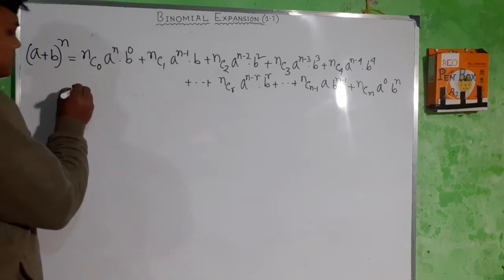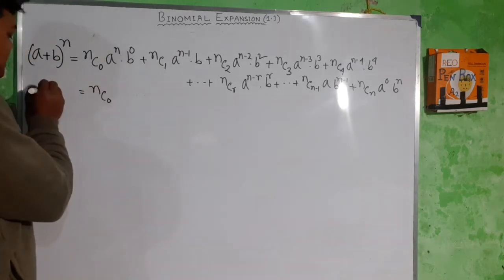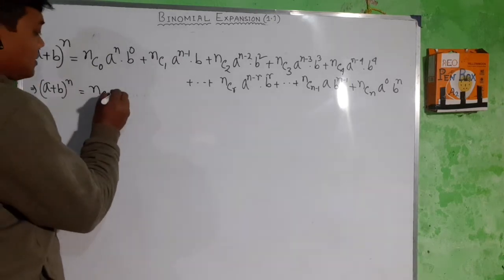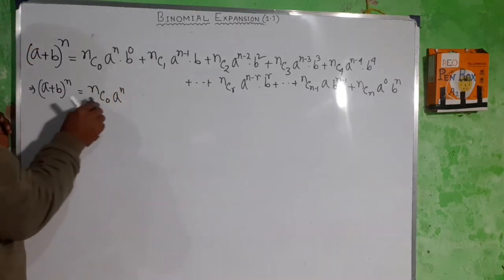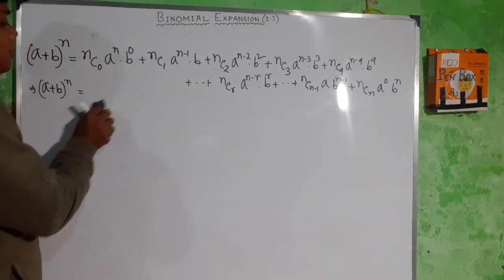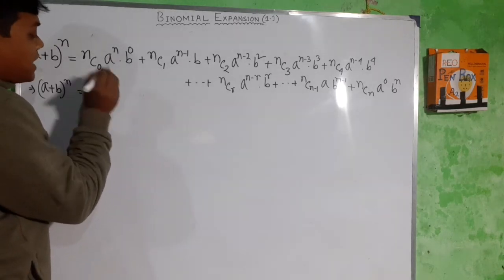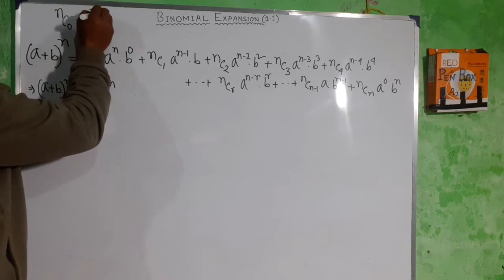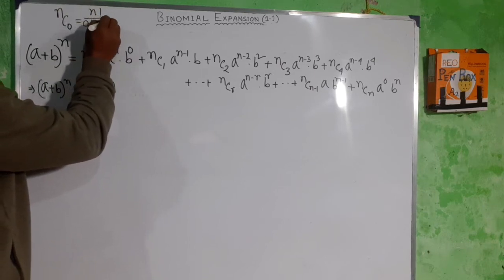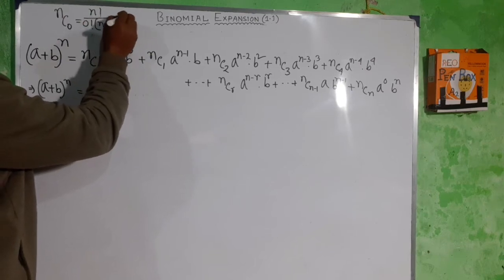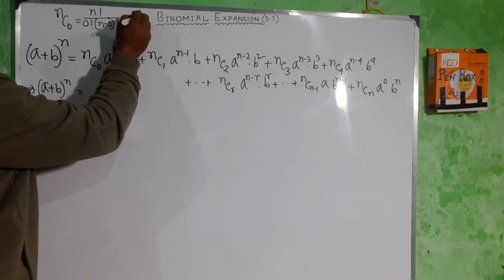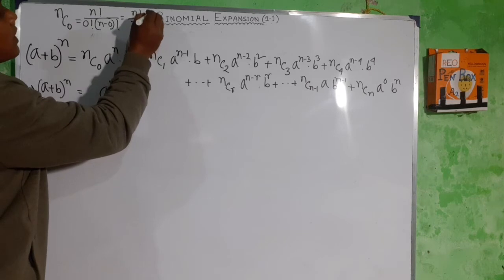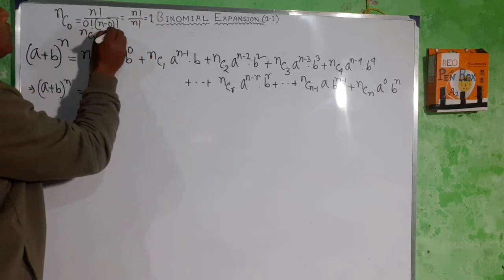If I rewrite this, I have nC0 (a plus b) whole to the power n into a to the power n, because a to the power n b to the power 0 equals 1, and after some calculation you will get nC0 is always 1, because this is factorial n by 0 factorial into factorial n minus 0, so you will get factorial n by factorial n, because the value of 0 factorial is always 1, so this gives 1, and similarly nCn is also 1.